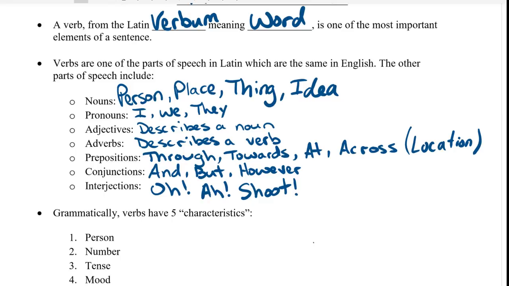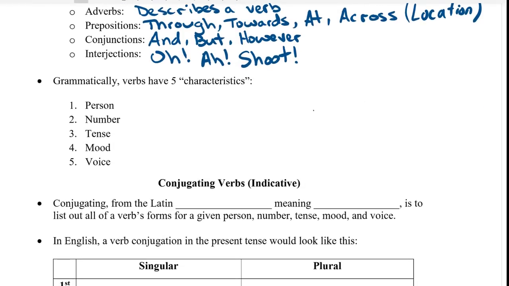And we'll be talking about each one of these throughout the year. But for right now, just so you're aware, those are the other parts of speech. But we're really going to keep talking about verbs. Okay. Moving on. Grammatically, verbs have 5 different characteristics. They have person, number, tense, mood, and voice.